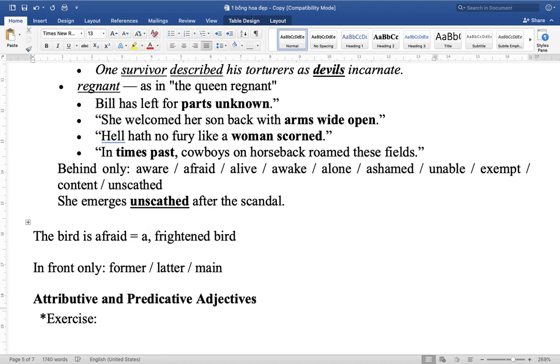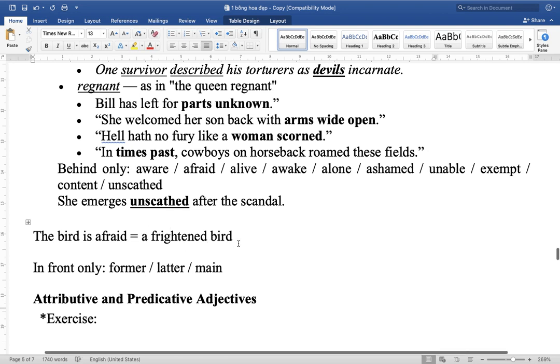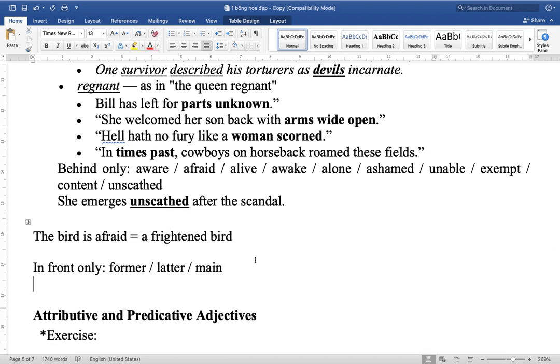So we use frightened if you want to use an adjective in front of a noun. And some adjectives we use only in front. For example, "the main problem is blah blah blah."